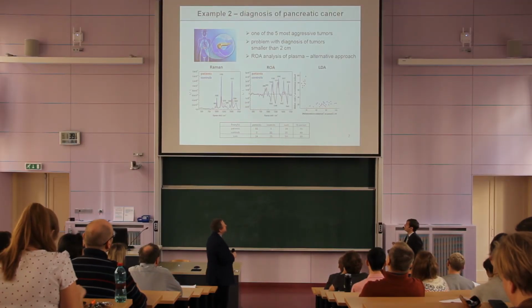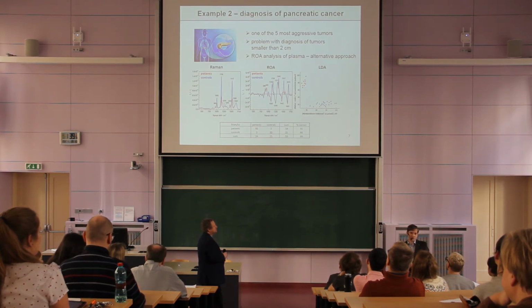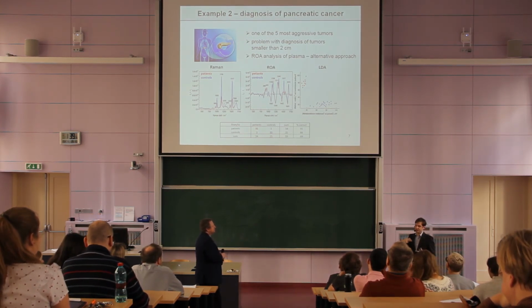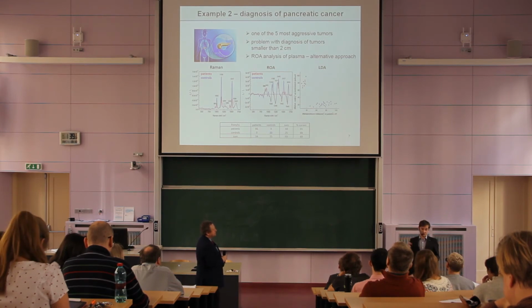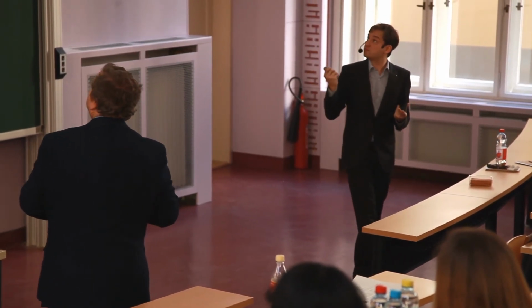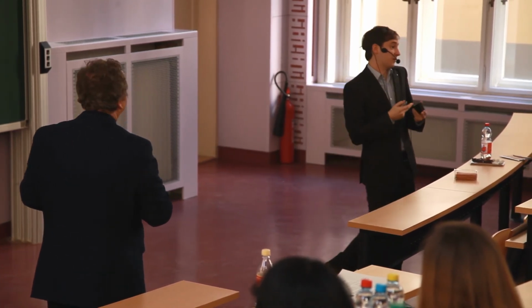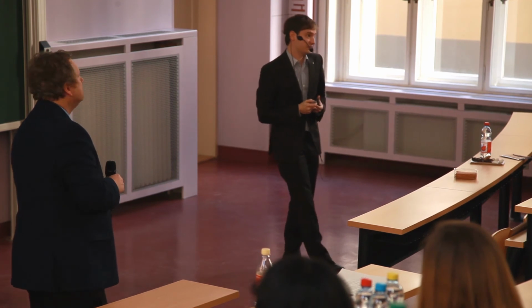That's actually the reason why we are doing it. That's a great question, because the commonly used methods struggle in diagnosing the early stages of the tumor. And here we suppose that these blood markers may be apparent even in the early stages of illness.